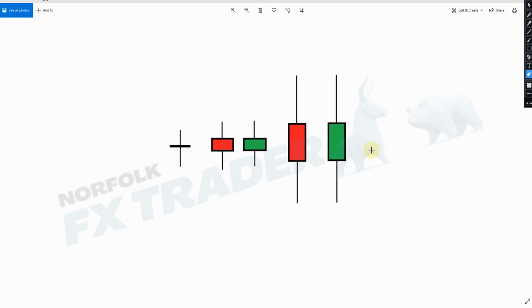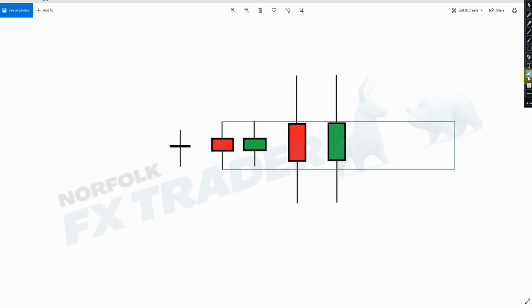But I would still rather look for a better candle than using these candles and drawing the zones. If I'm drawing a zone off either of these candles here, I will be marking from the high to the low of that candle and marking that out as your zone. That's the best way to mark out those zones with these types of candles.